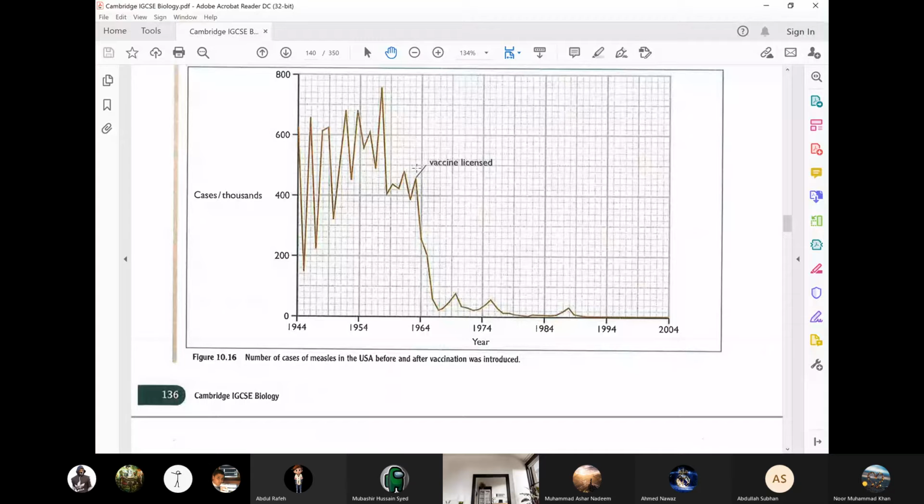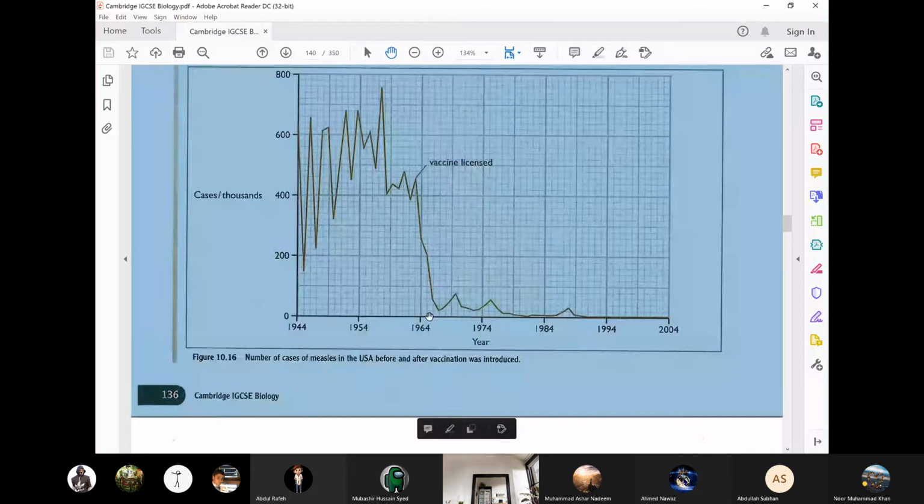Because of the vaccine, immunity was developed among the people, so the number of cases dropped drastically up till 1967, right?